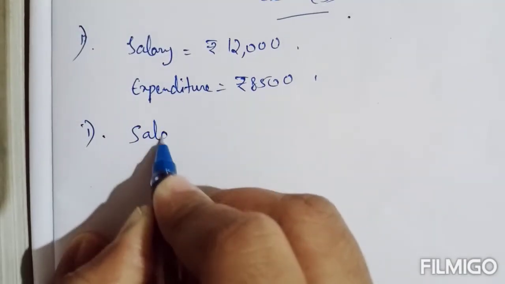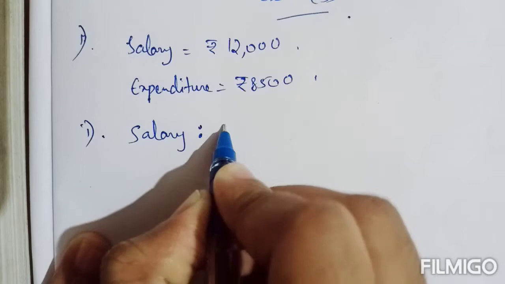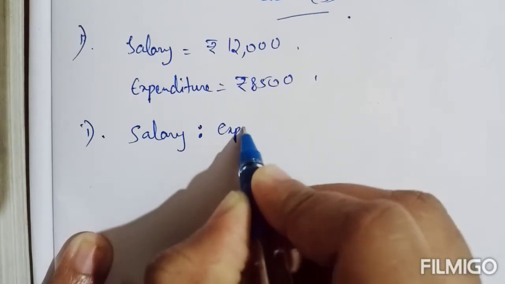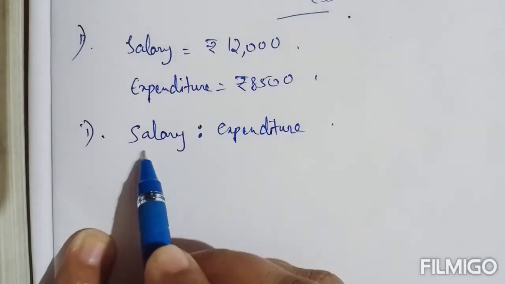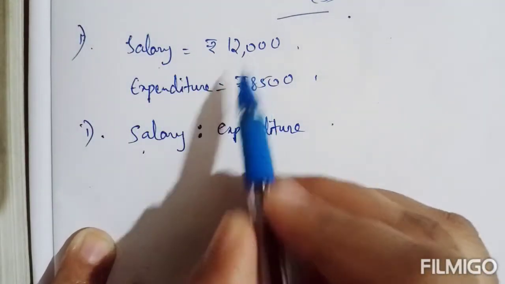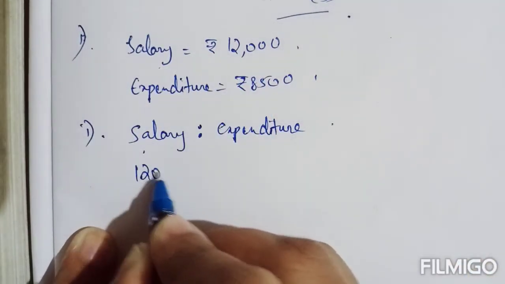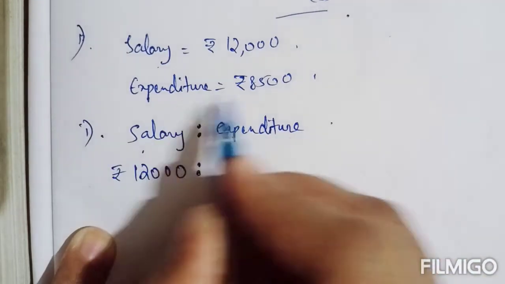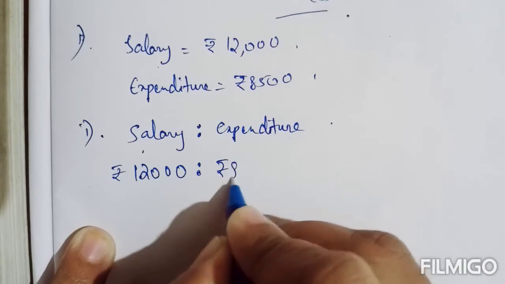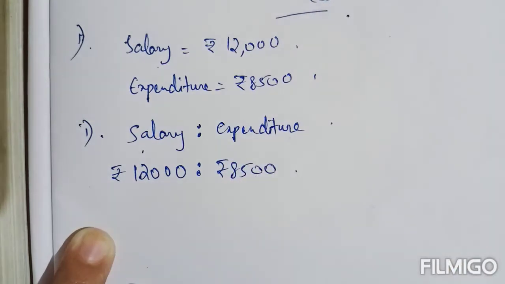That is, the ratio of salary is to expenditure. So salary is given as 12,000, rupees 12,000 is to expenditure, which is rupees 8,500.